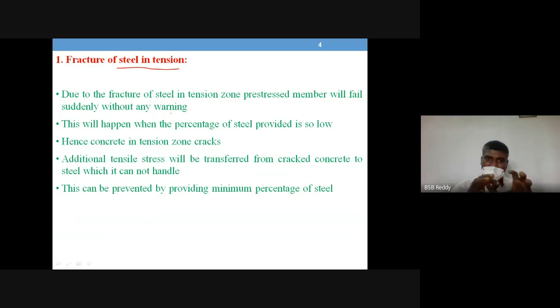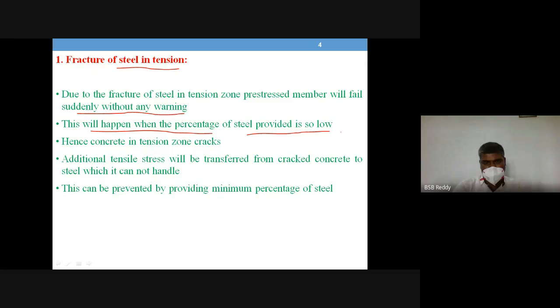Now there is a difference in failure types also. Coming to the first type of failure, fracture of steel in tension. Why does this happen? Due to fracture of steel in the tension zone, a pre-stressed member will fail suddenly without any warning. This happens when the percentage of steel provided is very low.